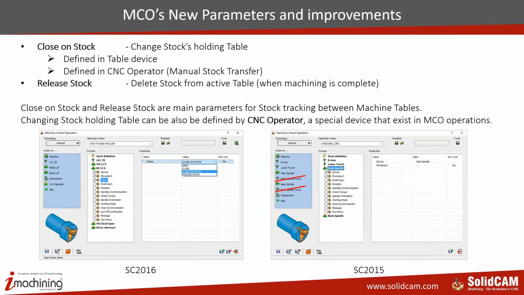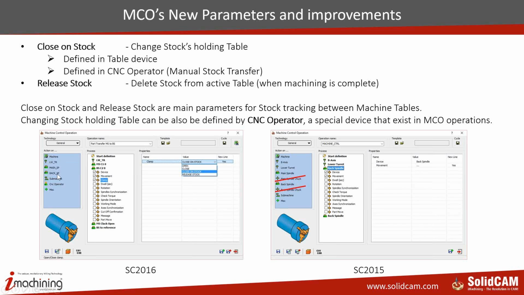Now, the next topic is the main changes that we have made in MCO, and some of the new parameters that we added. On the right side, I've put the picture of the MCO from SolidCAM 2015, and it pretty much looks the same as in 2016, except that now, as you can see, I've marked that the main spindle chuck and back spindle chuck devices are now deleted.